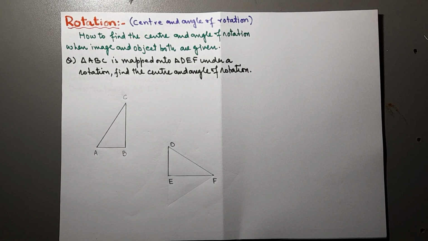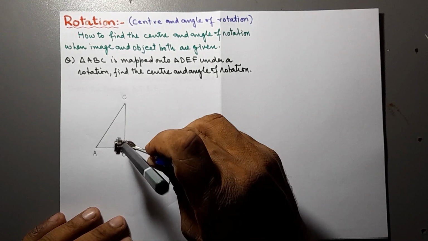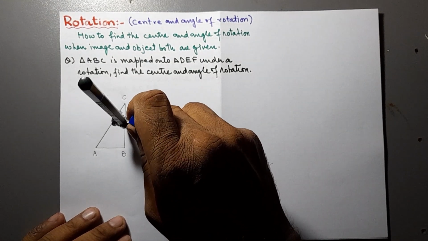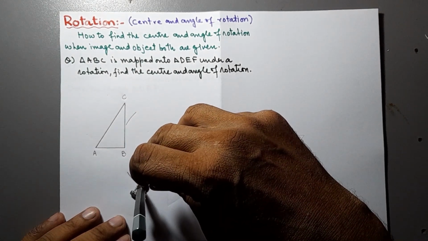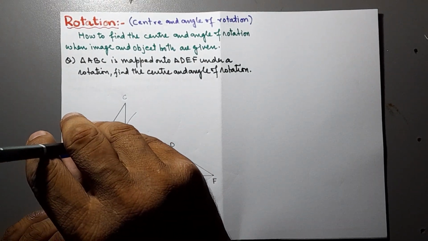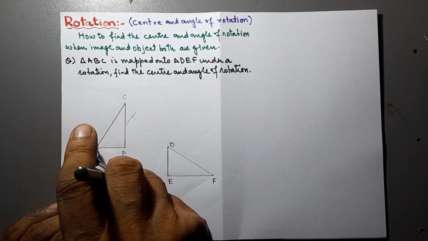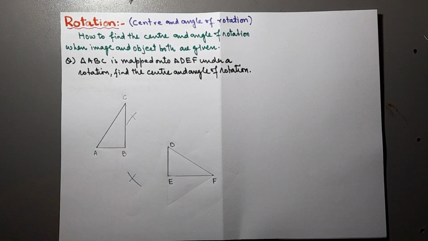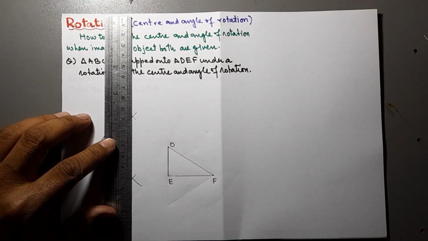So I will draw a perpendicular bisector between A and D. For this, I will open the compass more than half of the length of AD, and I will draw two arcs, and I will repeat the same process from point D. By joining these two points of intersection, I will get the perpendicular bisector between A and D.